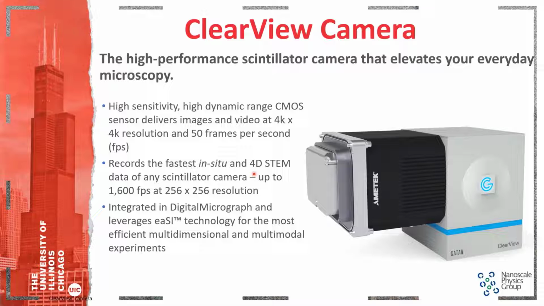You can get up to 1600 frames per second. We'll show you later what you can do for 4D STEM analysis to improve the frame rate even further, and it can be integrated with Digital Micrograph to really do pretty seamless analysis. And I hope at the end of this webinar you have an idea of the range of different applications that can be used using this camera.